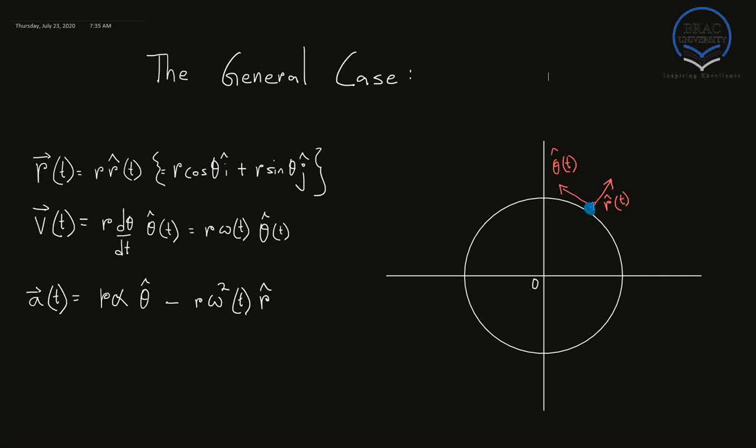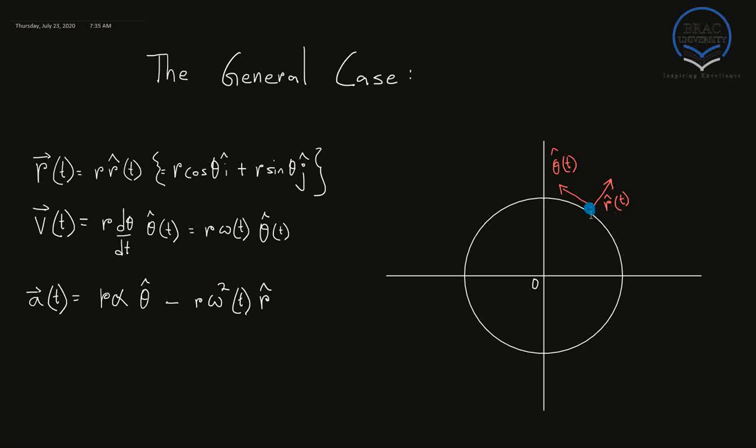So notice that even if this particle, while going along this circular track, is speeding up or slowing down, the velocity at some instant in time points tangentially to the circular trajectory, right? It could point in, say, this direction. If omega t is positive, it could point in the same direction as theta hat t, meaning that it's undergoing an anti-clockwise motion at that instant in time, or it could point in the opposite direction of theta hat t.